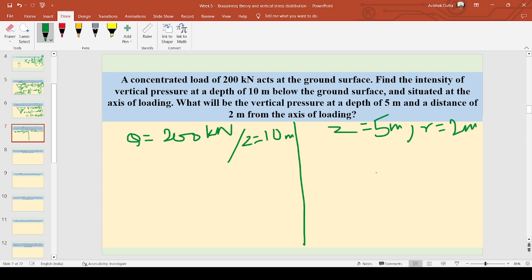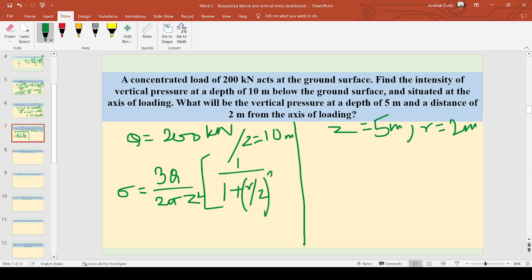So in the first case, the value of r equal to 0, the value of sigma will be equal to 3q divided by 2 pi z square, times 1 by (1 plus r by z whole square) whole to the power 5 by 2, and in this case the value of r equal to 0.